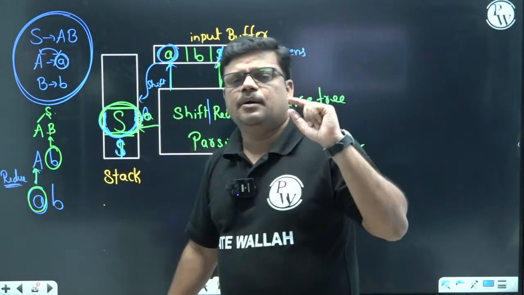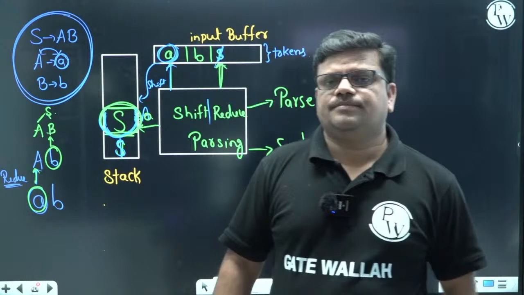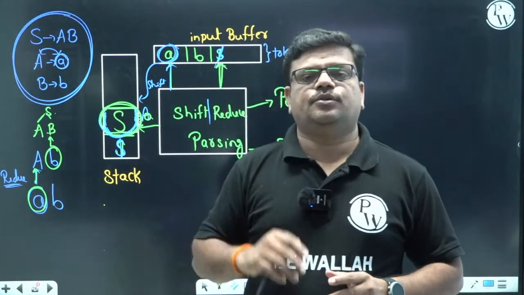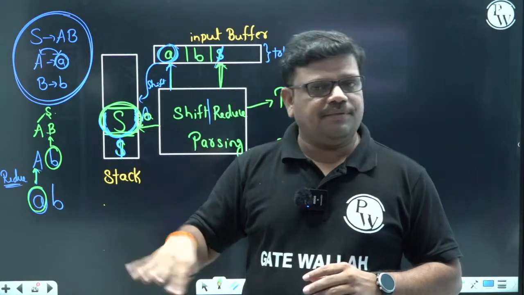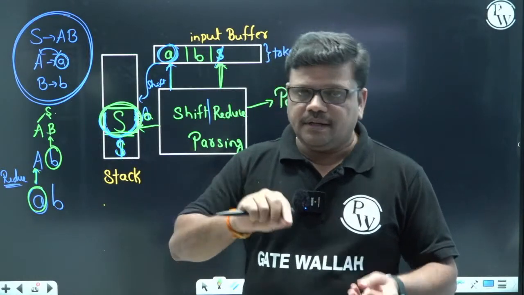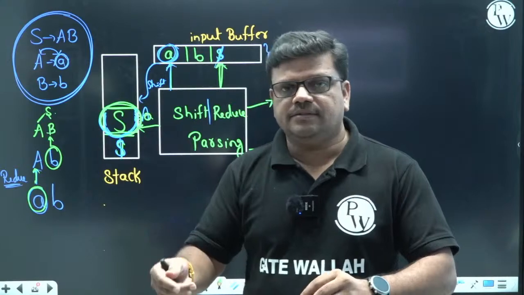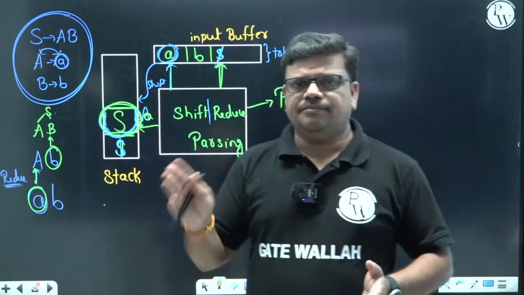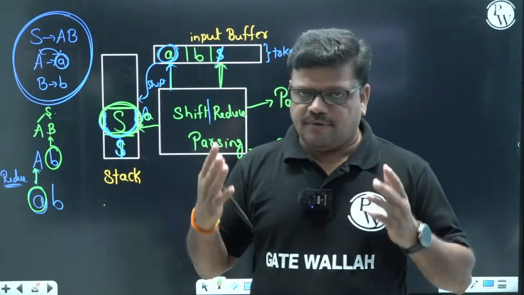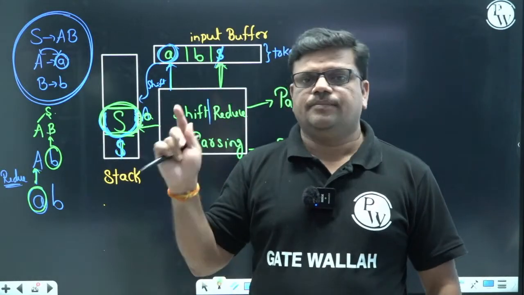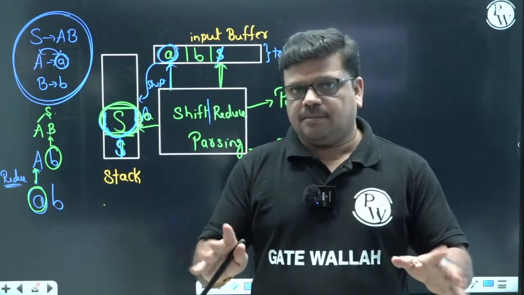The majority of the actions of shift reduce parsing are shift and reduce. Shift the tokens, verify for handle. Handle is not there, shift action. Handle is there, reduce action. Like this, shift reduce happens continuously. Finally, if it is a valid input, valid syntax, it will give accept action.